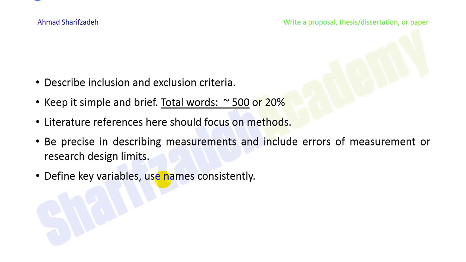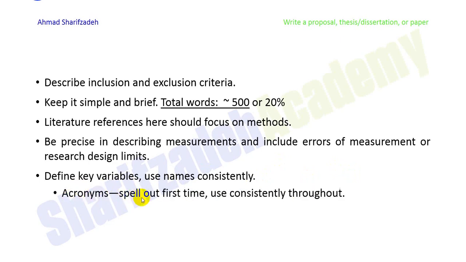My name is Ahmad, my last name is Sharifzadeh. Then I cannot give the meaning of my name. I cannot give the synonyms of my name because that's my name. That cannot be changed. Okay, and something like this will be the case in your research.